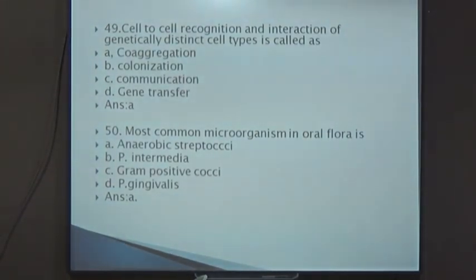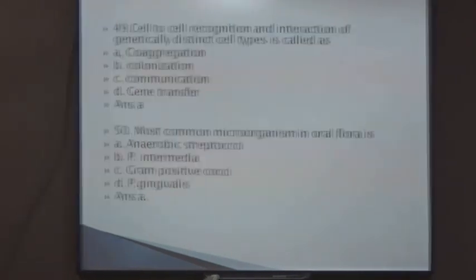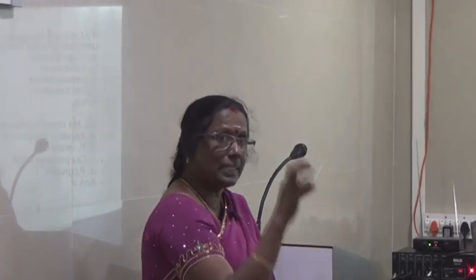Cell to cell recognition and interaction of genetically distinct cell types is called co-aggregation. For example, P. gingivalis and A. actinomycetemcomitans. Not P. gingivalis alone, not AA alone; genetically distinct cells will aggregate.